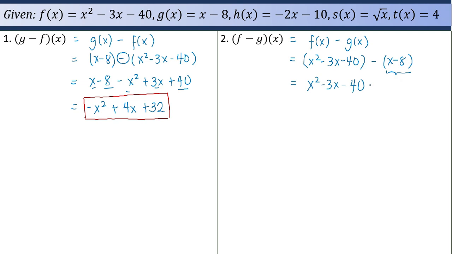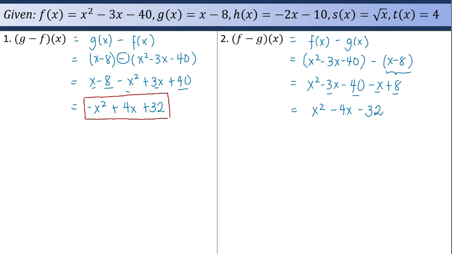So it becomes negative x plus 8. Okay? Bring down x squared. Negative 3x minus x is equal to negative 4x. And then negative 40 plus 8 is equal to negative 32.